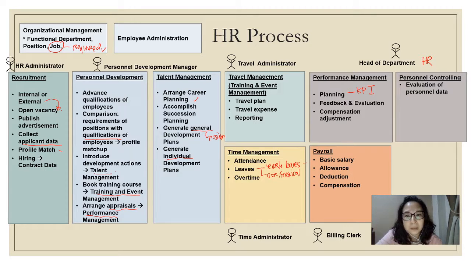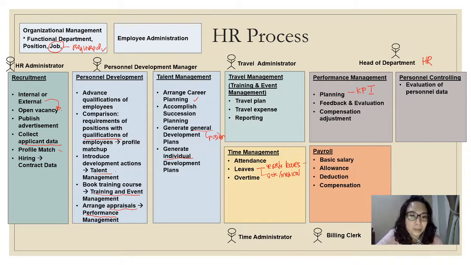The basic salary is actually what the company offers to us, and besides the basic salary, it will be added with the allowance. Examples of allowance are transportation allowance, meal allowance, or school allowance.